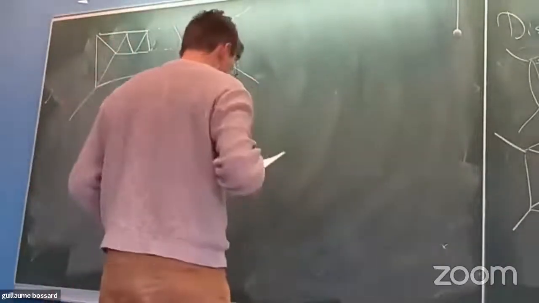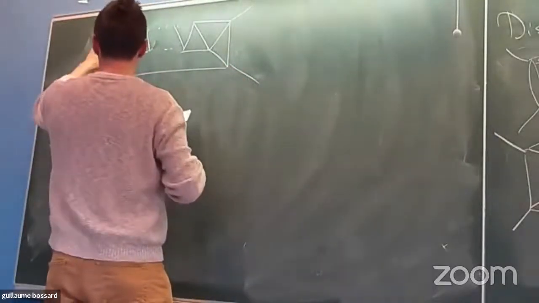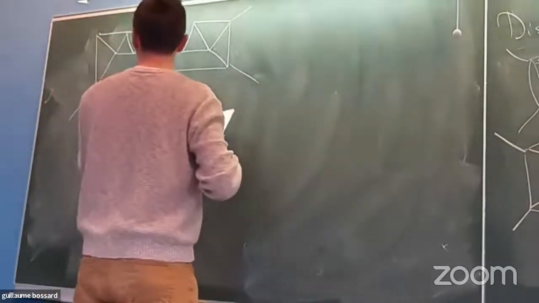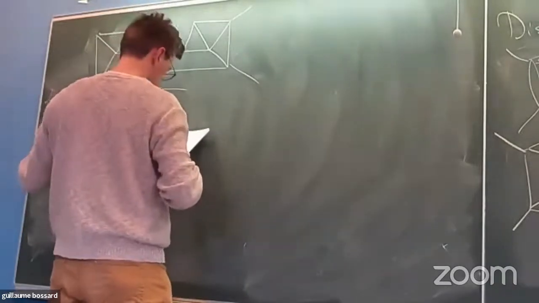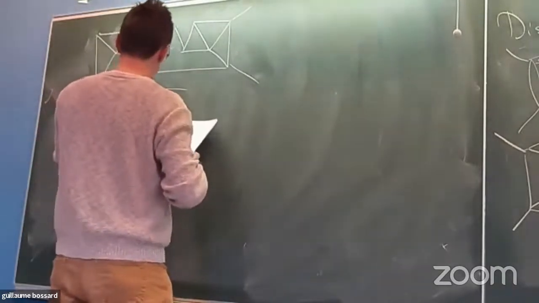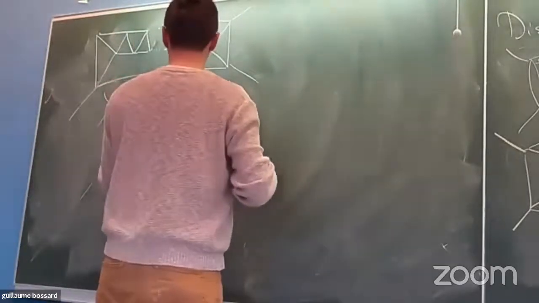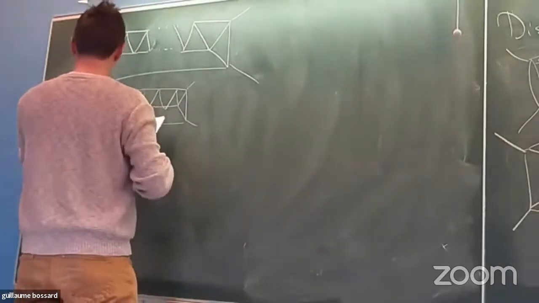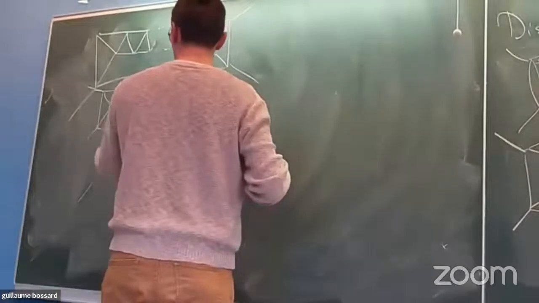And that's the first graph, and the second graph is the same, but you just make this link here non-planar. So you just have the same graph with that. Okay, so these are all the graphs.